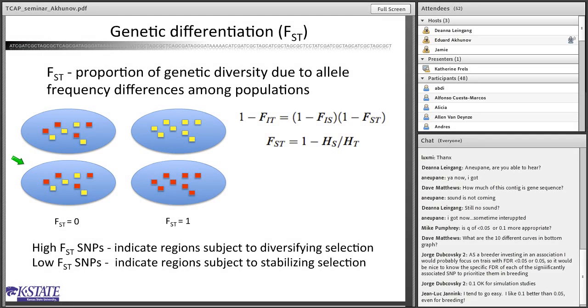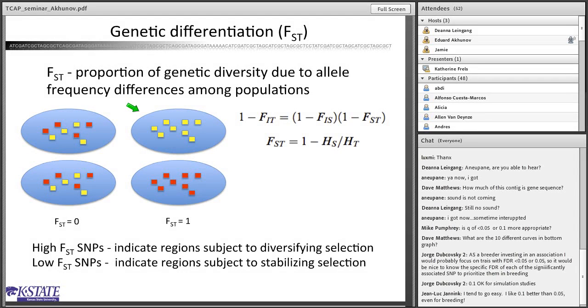In the first case, the genetic differentiation in allelic frequencies is 0 because we have the same frequency of alleles in both populations. But in some cases, as in the second example, the two populations are completely differentiated in allelic frequencies. Population 1 is fixed for the yellow allele, whereas population 2 is fixed for the red allele.